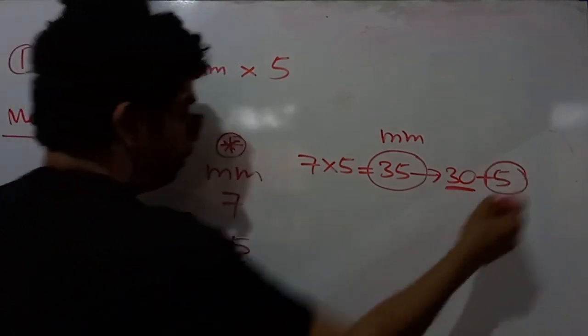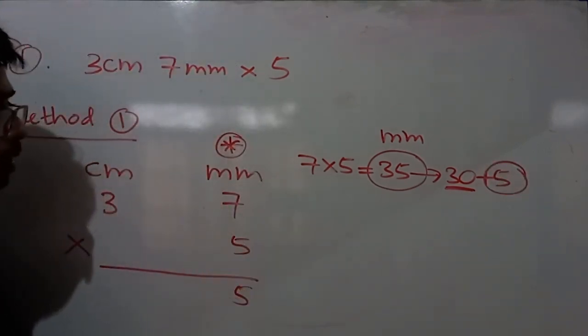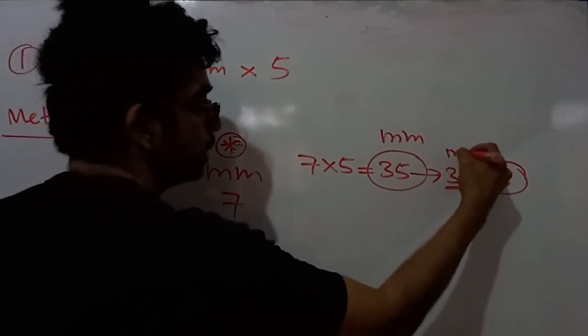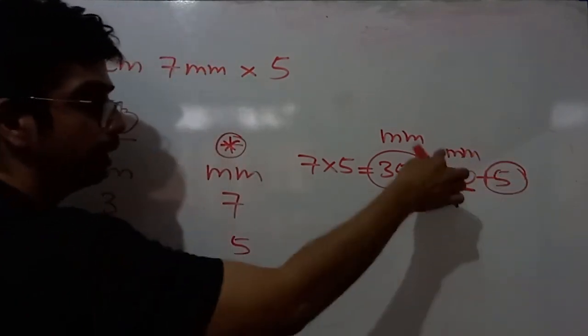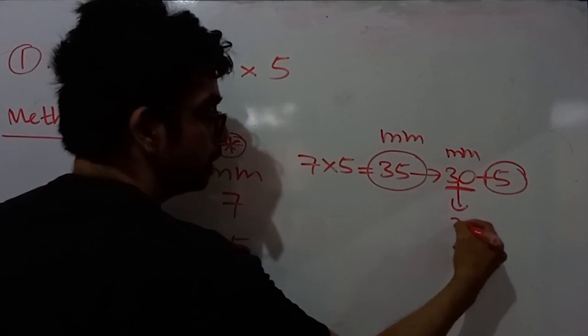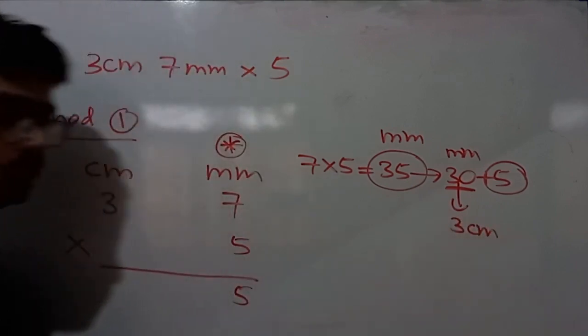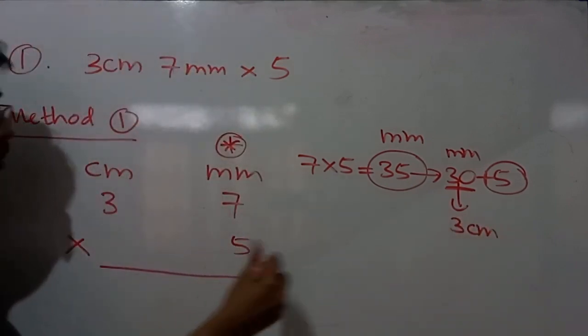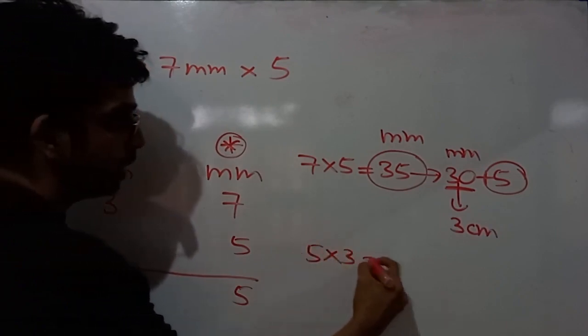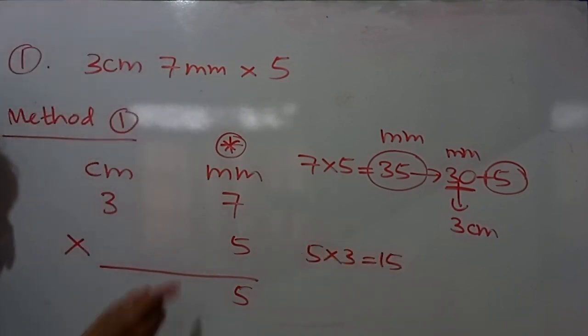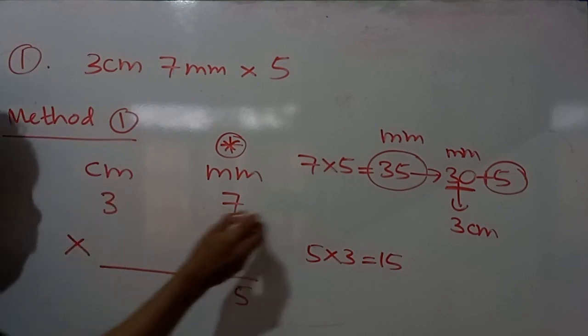So we can write 5 under here, as this is millimeters. When we convert 30 millimeters into centimeters, it becomes 3 centimeters. Now we know 5 times 3 is 15. So I'm talking about the centimeter portion now.